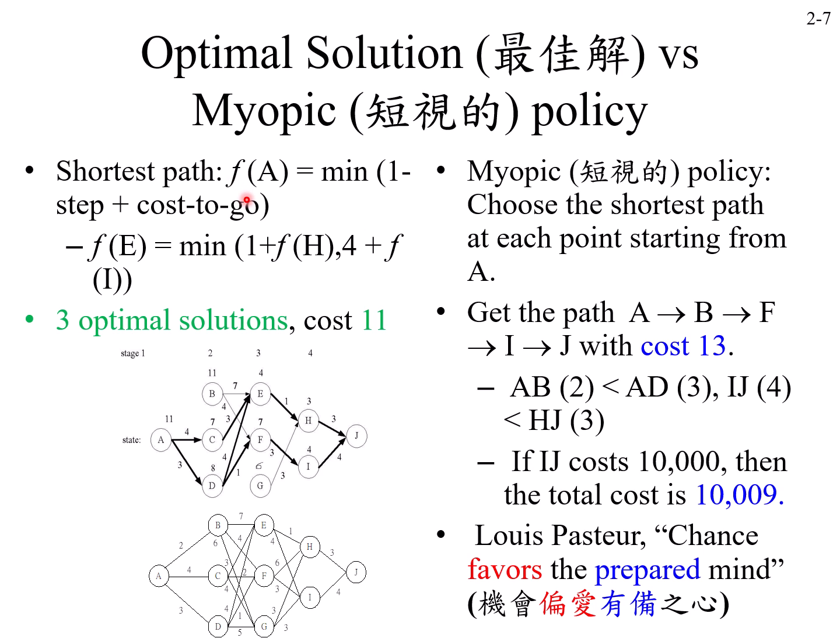So for the shortest path, we could find 3 optimal solutions with a cost of 11. So we have 3 choices here. For the myopic policy, we choose the shortest path starting from A. So from here, we have 2, 4, 3.